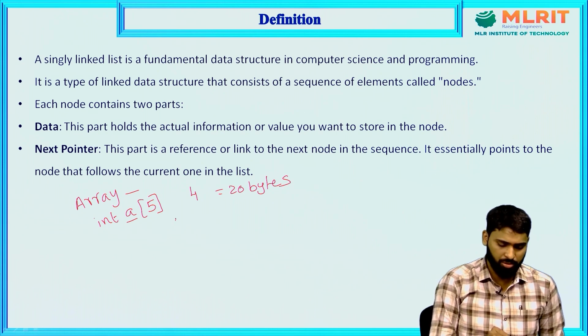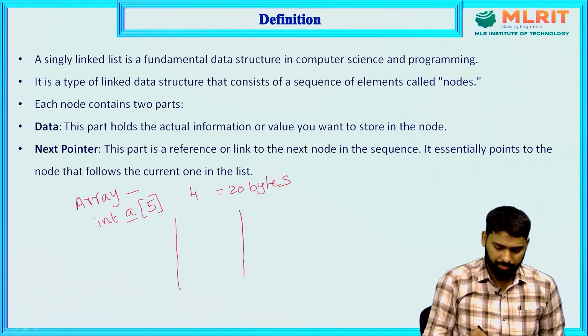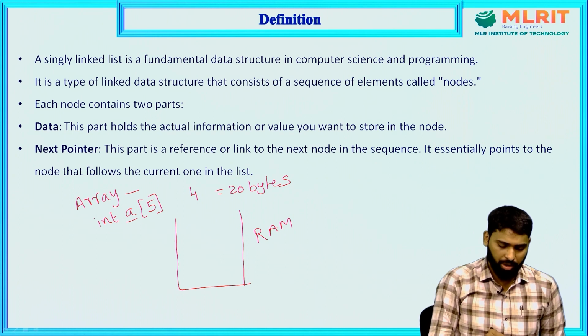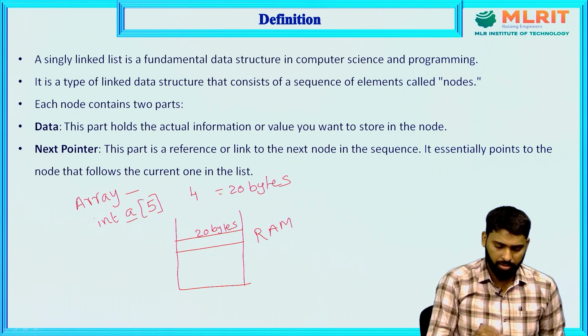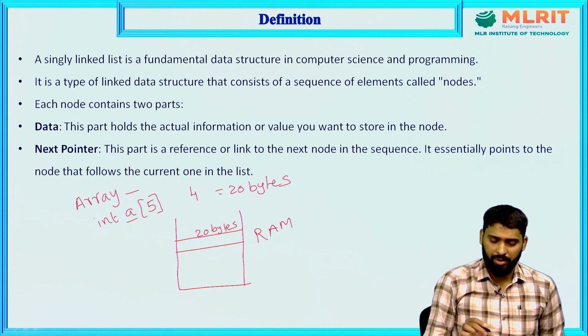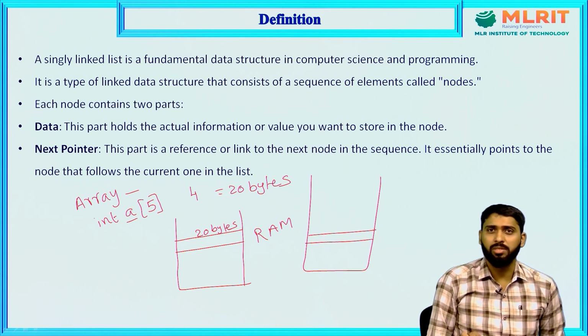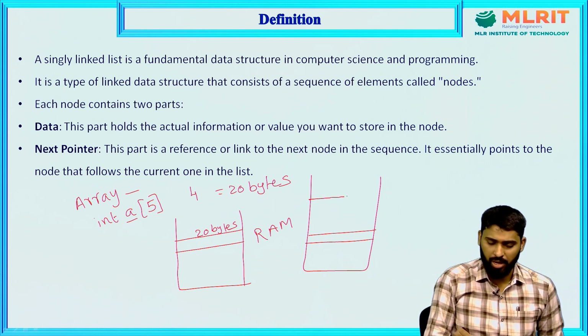So, let us assume this is the RAM. In this RAM we are going to allocate 20 bytes of memory. In RAM, maybe one program is executing here, another program is executing in this place.